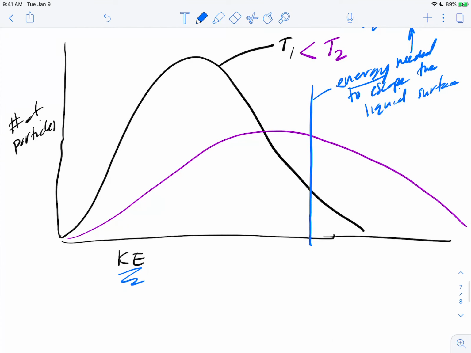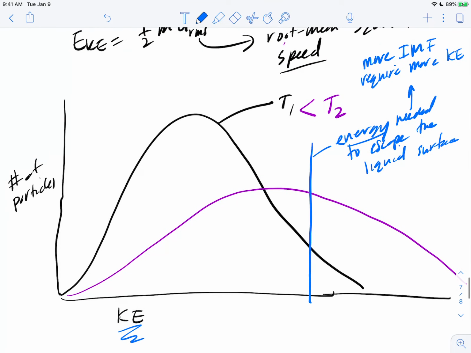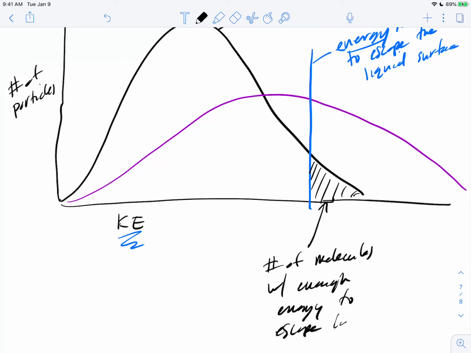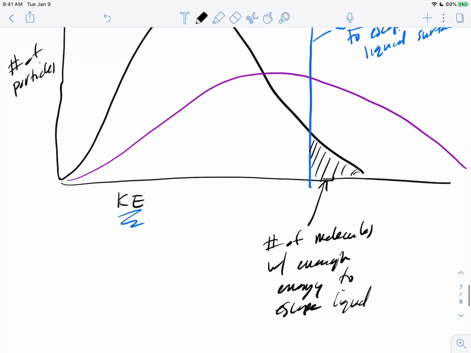Okay, so for example, if we look here and ask how much energy: if this blue line is the barrier, then I'm just going to shade in what proportion of molecules at T1 has the required energy. So this is the number of molecules with enough energy to escape the liquid.